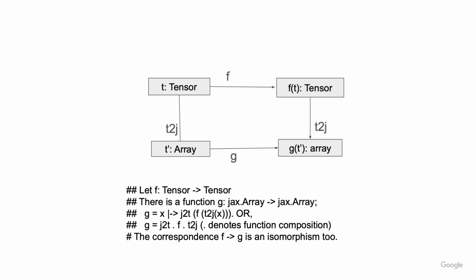And here we get a correspondence, which is also an isomorphism. So the F to G mapping is an isomorphism, and G to F is also an isomorphism. So we get an isomorphism of functions. And that proves that the space of functions between the set of PyTorch tensors and the space of functions between the set of JAX arrays are indistinguishable from a mathematical point of view.